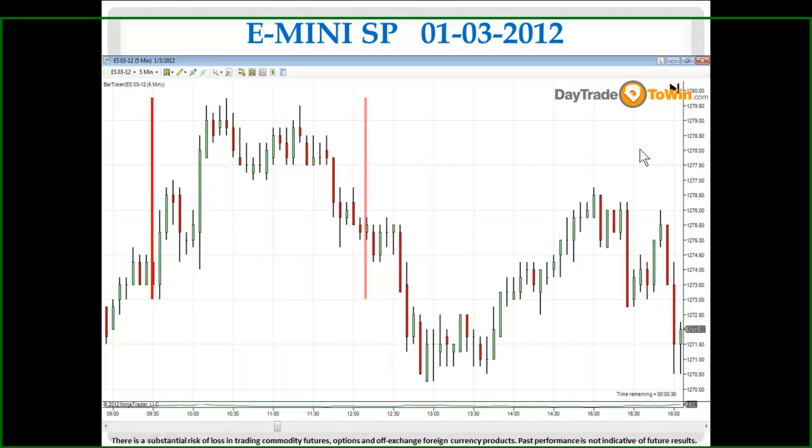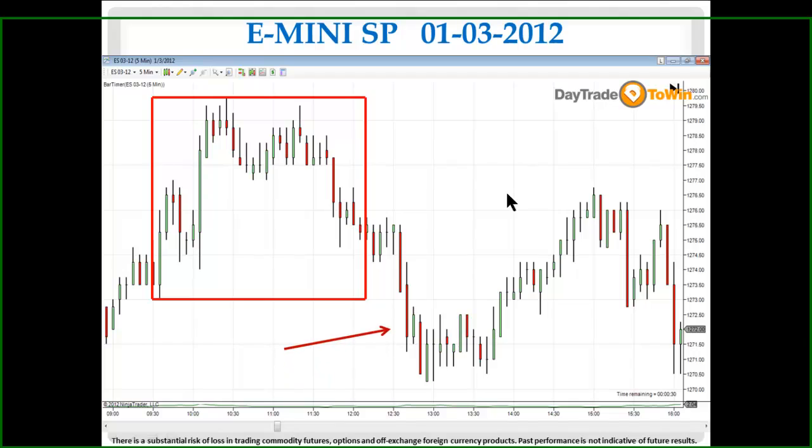So we have here the A part of the day, which happens to be from the US Open, the first 2.5 hours. So for me, it's 9:30 to 12 o'clock. If you're in California, it'd be 6:30 to 8 or 9 o'clock. So the first 2.5 hours. Okay.